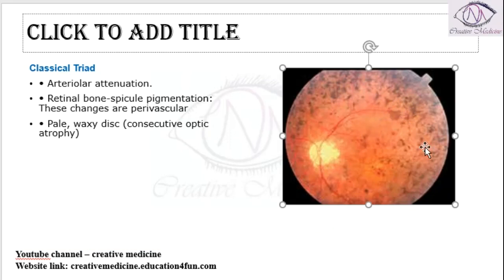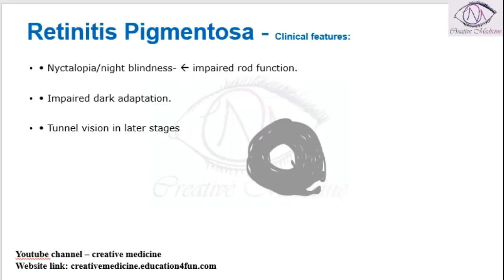This pigmentation is most commonly seen around the blood vessels. Along with that, a pale and waxy optic disc with consecutive optic atrophy is seen in retinitis pigmentosa.